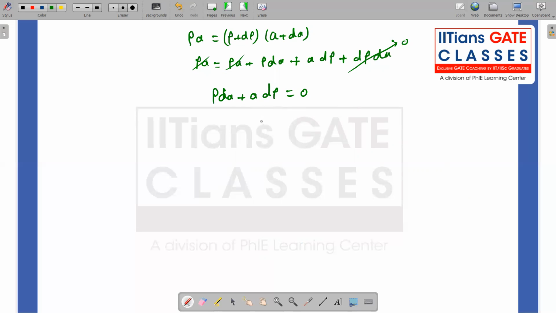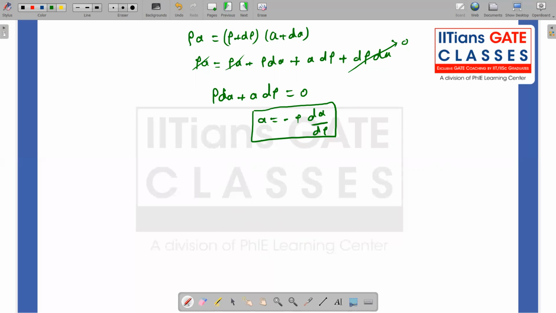Or what I can write for a is, a is nothing but minus rho dA by d rho. Because it's one dimension, I'm omitting the partial derivative and just keeping it as a normal derivative.